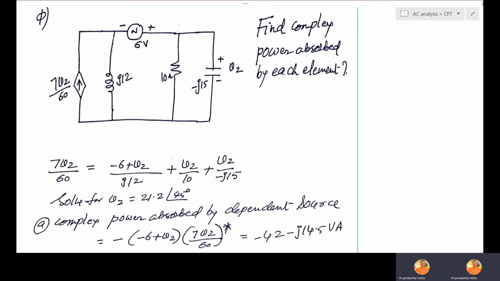So this is V2. What is the voltage here? V2. Then what is the voltage here? -6 plus V2. And we can't write nodal here; it will form a super node.